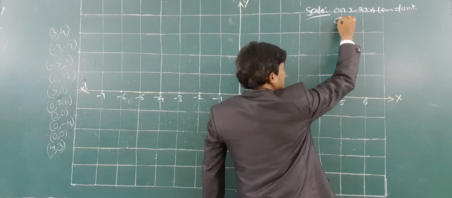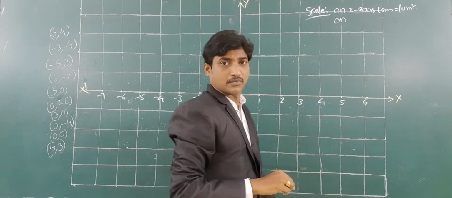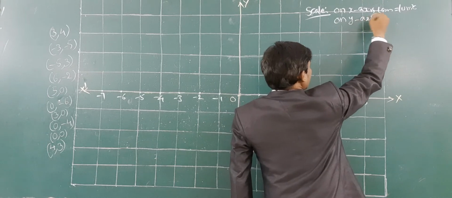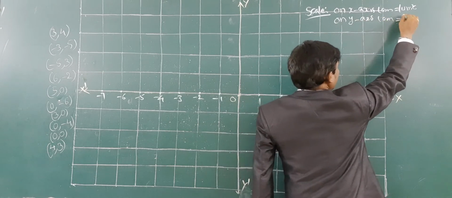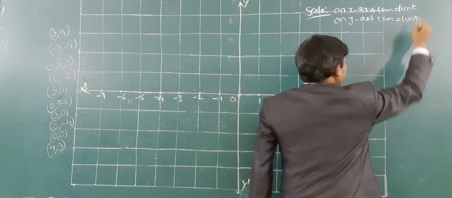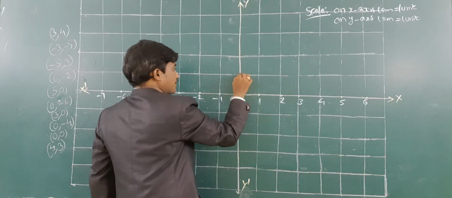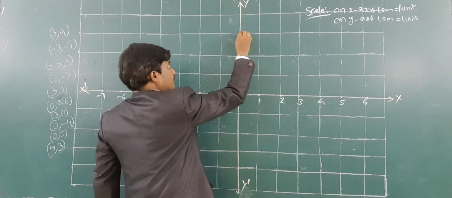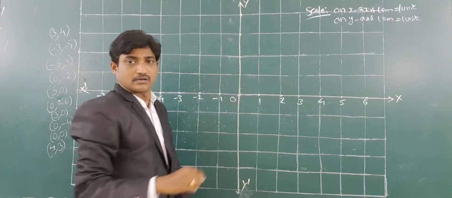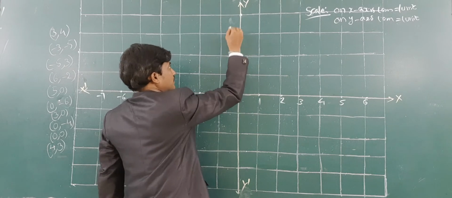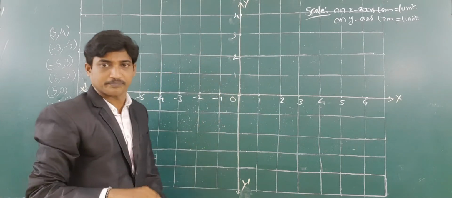Now let us write the scale on the y-axis. On the y-axis I am taking 1 centimeter is equal to 1 unit. So that on the y-axis mark the points along OY. Mark positive numbers 1, 2, 3, 4 and so on.